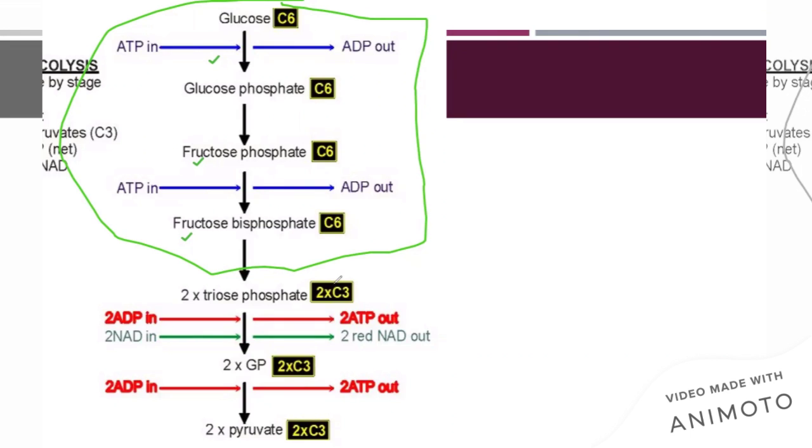So what happened there? They will be further broken down to harvest 2 ATP, so 1 from each. So right there we end up again harvesting 2 ATP from the intermediate, and what is left now is the pyruvic acid or the pyruvate.